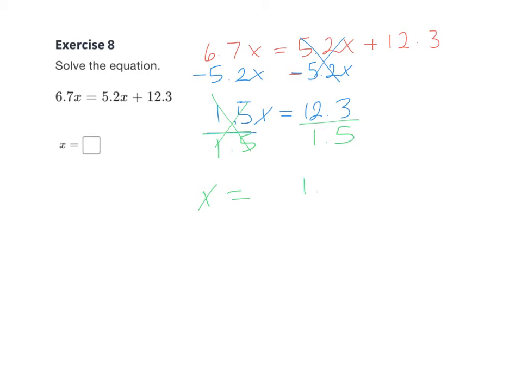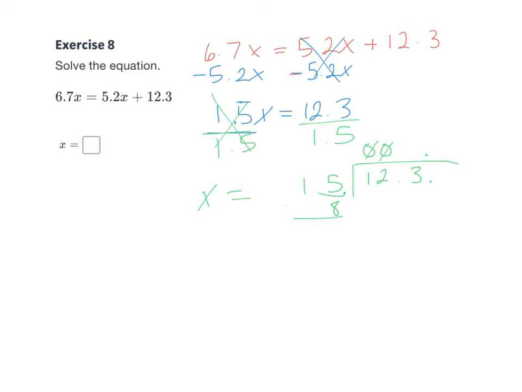This is going to be 12.3 divided by 1.5. I'm going to move the decimal over once to make that a whole number. Do the same thing here. 15 goes into 1. 15 goes into 12. 15 goes into 123. And I'm going to guess 8 times.